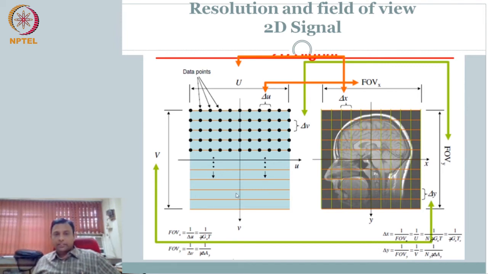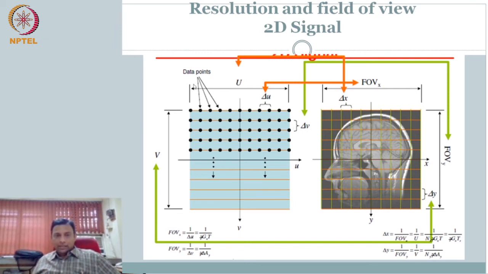Look at this relationship. If I have delta u, this is going to dictate my field of view in x. If I have delta v, this is going to dictate my field of view in y. So sampling distance in one domain is going to dictate inversely the field of view in another domain.